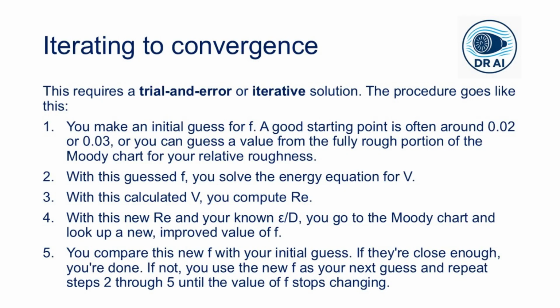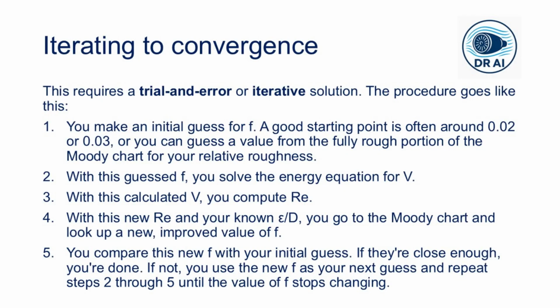Step 2: with the guessed value of F, you solve the energy equation for the velocity V. Step 3: with the calculated velocity, you compute the Reynolds number. Step 4: with this new Reynolds number and your known value of e/D, you go to the Moody chart and look up a new improved value of F.